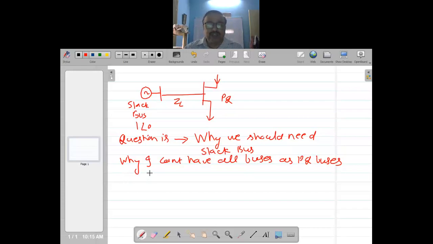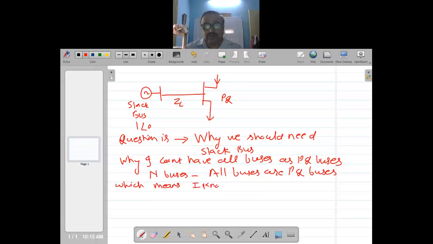So let us assume that I have got a system of n buses and all buses are PQ buses. Which means I know P and Q at each bus.